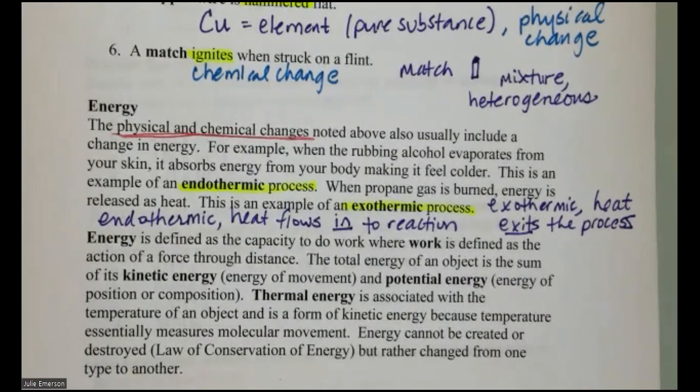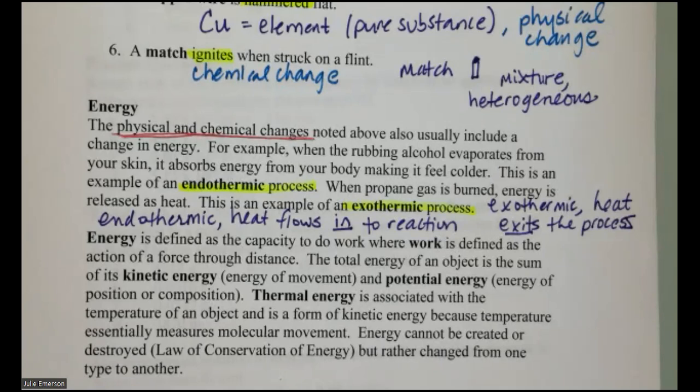Could be energy in the form of light, like think fireworks, the light coming out, that's energy coming out. And as that heat is being released, if we're doing that process in a test tube, your test tube is going to get hot, right? If it's an endothermic process, then energy is sucked into that change, like the evaporation of the alcohol. So the surrounding environment is going to get cold.